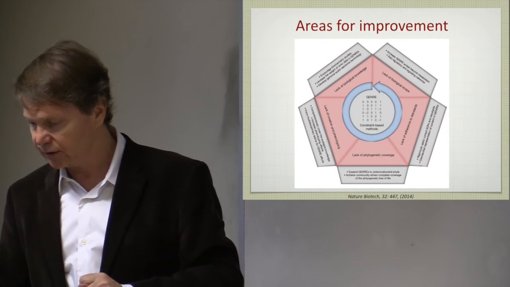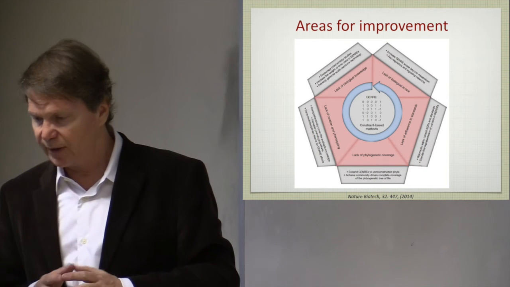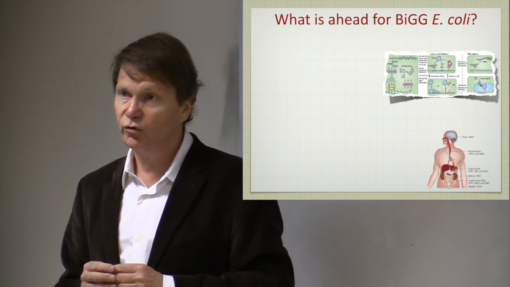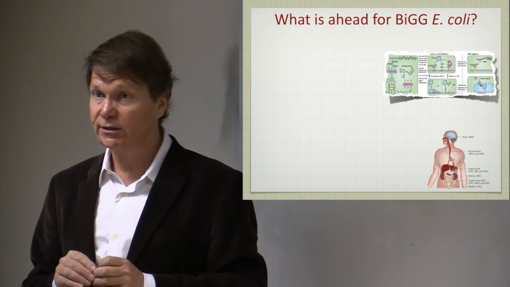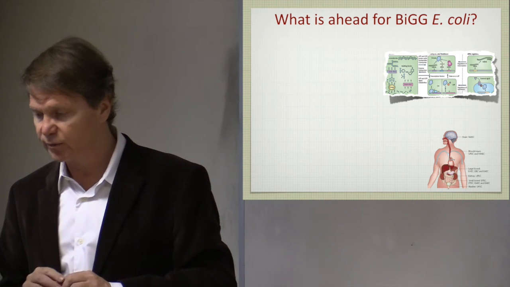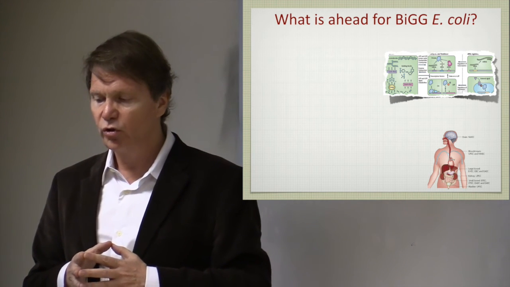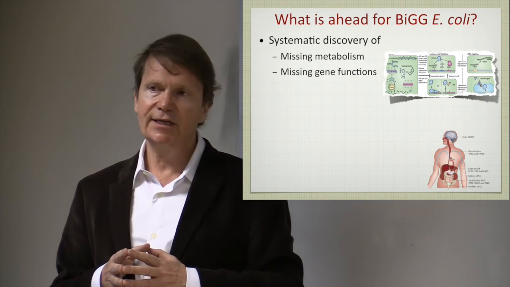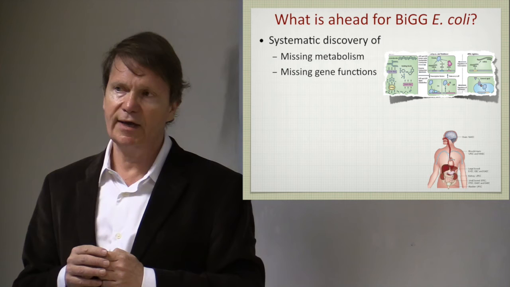Probably a 10-year project. Okay, so let's finish up here by talking a little bit about what's ahead for the E. coli reconstruction. And again, BiGG stands for biochemically, genetically, and genomically structured knowledge base of E. coli. So we now need to go through what's missing in metabolism and the missing gene functions associated with that.